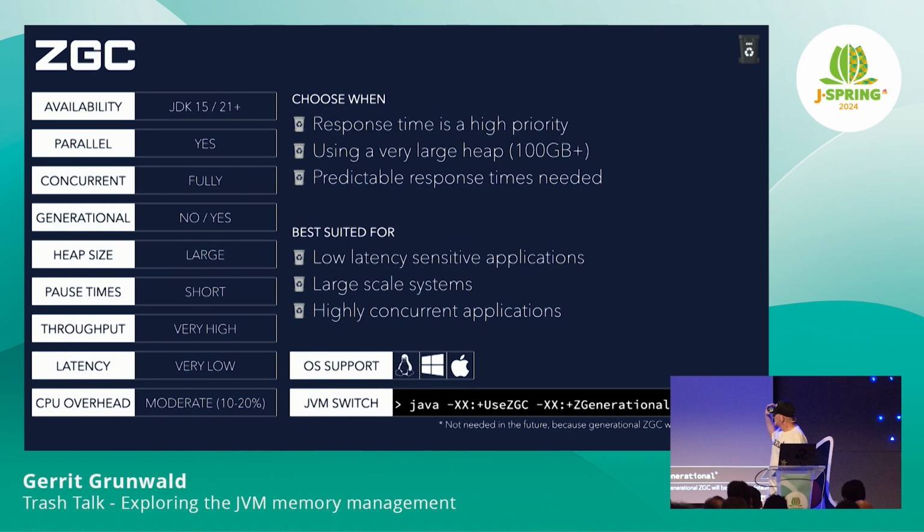So this is also fully concurrent. You see it has more CPU overhead, 10 to 20%, really depends. Netflix recently did a test. They switched completely to ZGC, and they saw a drop in performance of 3% for their application. And this really depends on your application.